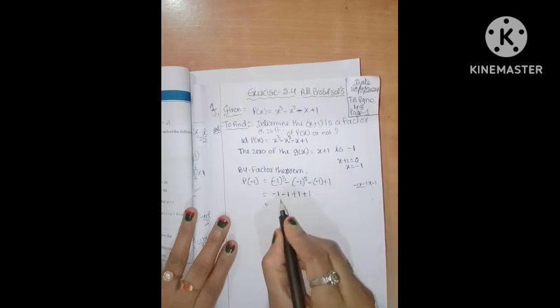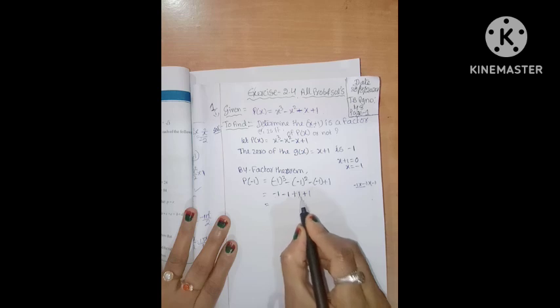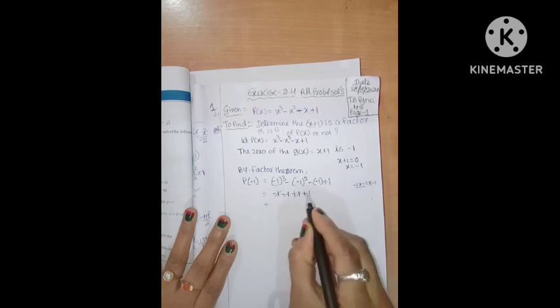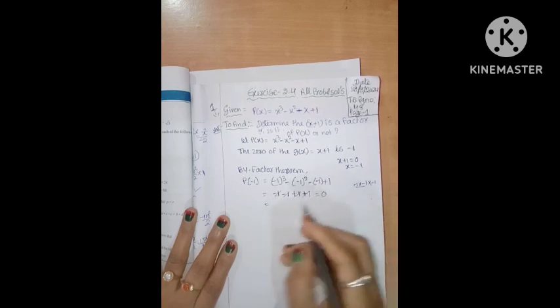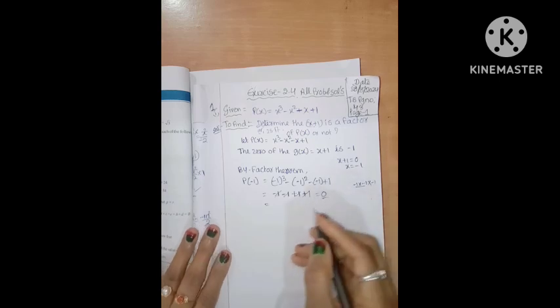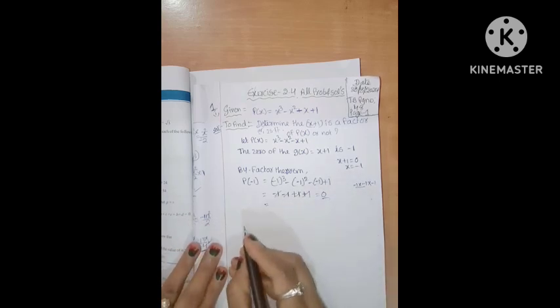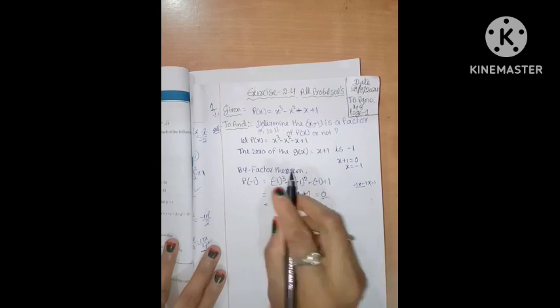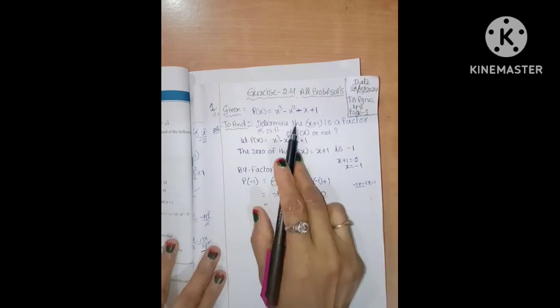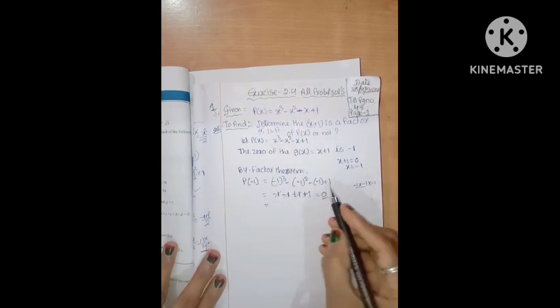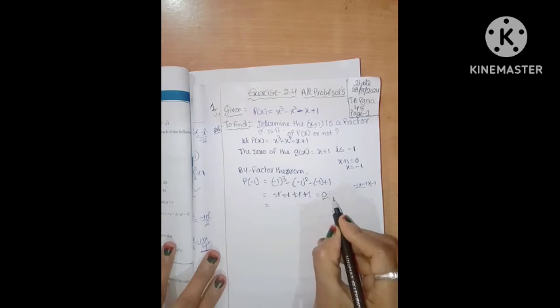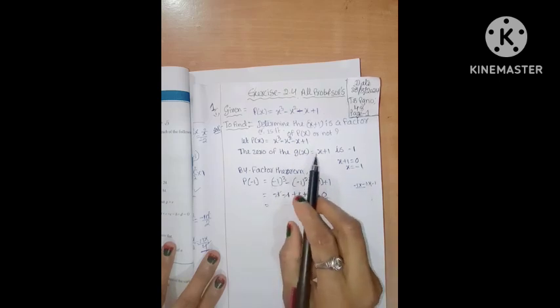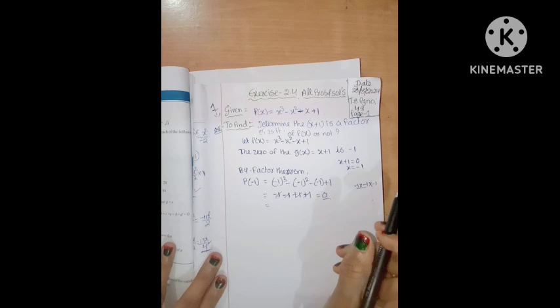What answer do we get? Here it is minus 2 and plus 2, so they cancel. We get 0 only. So if the remainder is equal to 0, then it is a factor: g of x is a factor of p of x. If the remainder is not equal to 0, then g of x is not a factor of p of x.